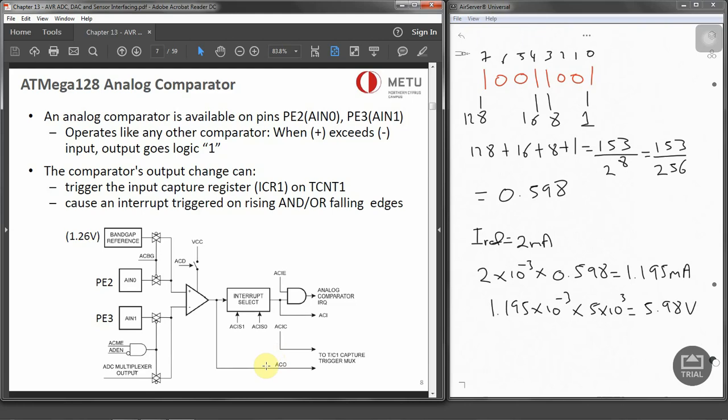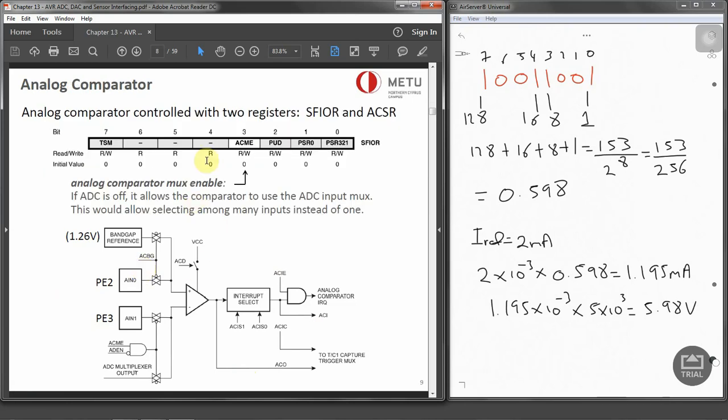And of course the ADC must be off in this configuration. So with this analog comparator, it's possible to compare 8 analog signals with one positive analog signal, sequentially but not simultaneously.